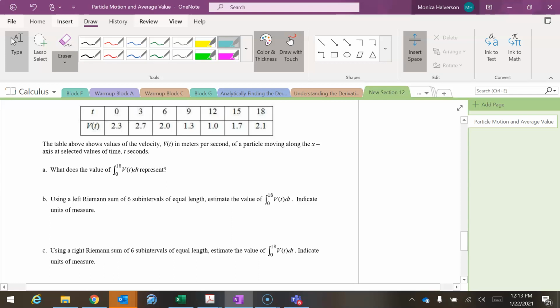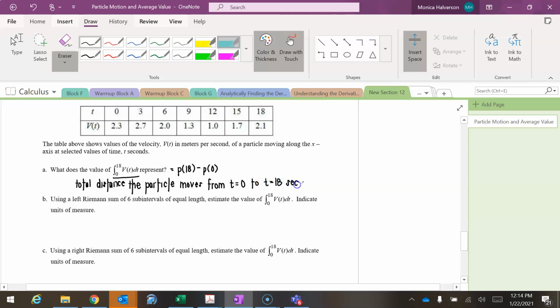Well, this essentially equals P of 18 minus P of 0, which is the total distance the particle moves from t equals 0 to t equals 18 seconds.